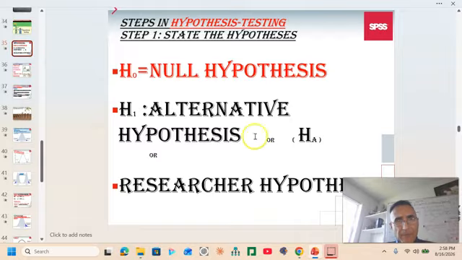So, null hypothesis, H1, alternative hypothesis. We refer to it as H1 or HA. Different textbook, different symbol. Also known as the researcher hypothesis.